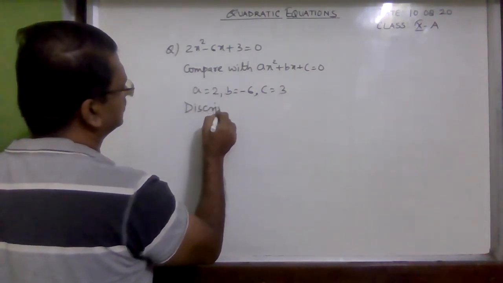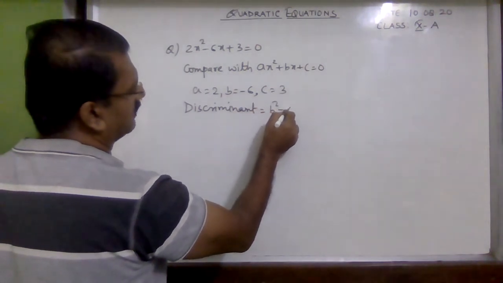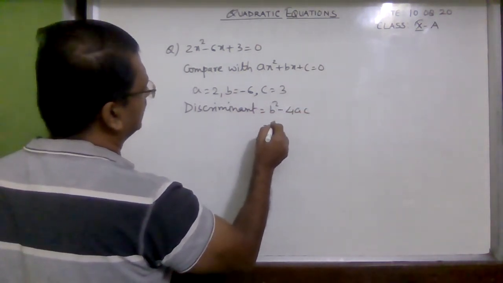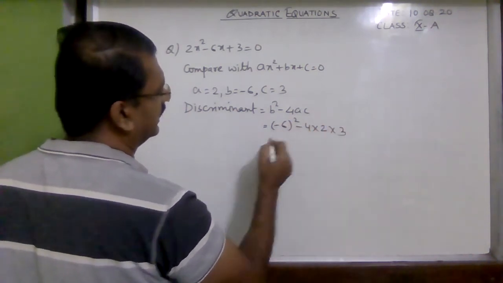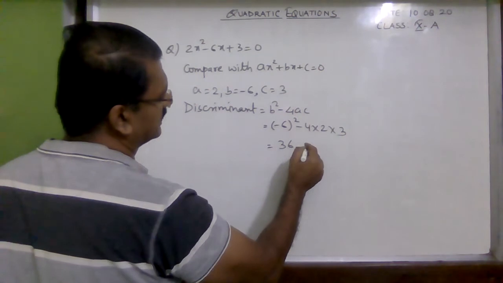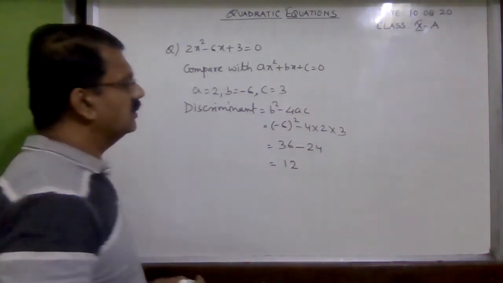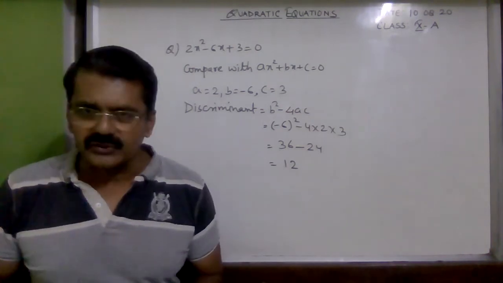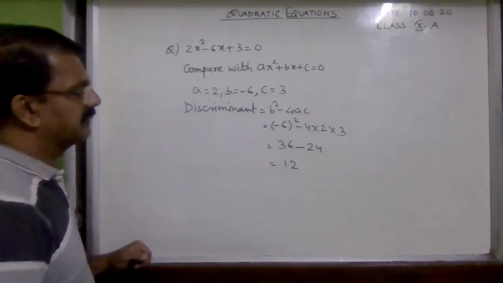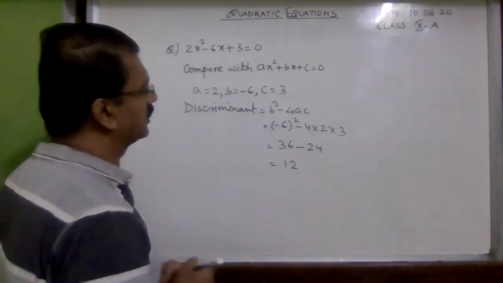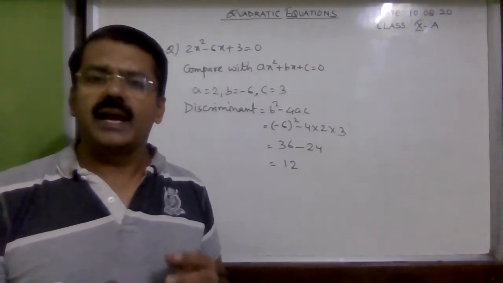Discriminant, b² − 4ac, that is (−6)² − 4 into 2 into 3, 36 minus 24, that is 12. Now, as the discriminant is positive, and positive means greater than 0, the roots will be real, distinct and irrational.